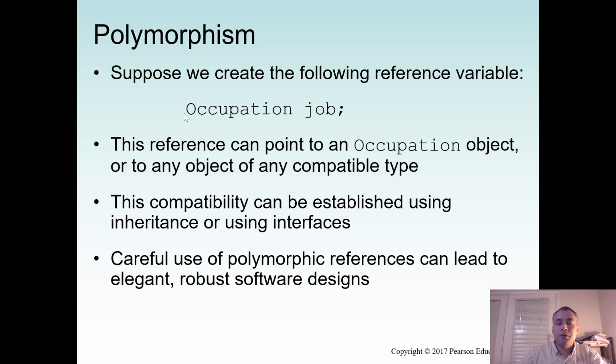So when we declare a variable job of the class Occupation, it can reference an object of the class Occupation or any subclass, any child class, for example the CollegeInstructor. It would be a child subclass of Occupation. So job can reference any subclass.